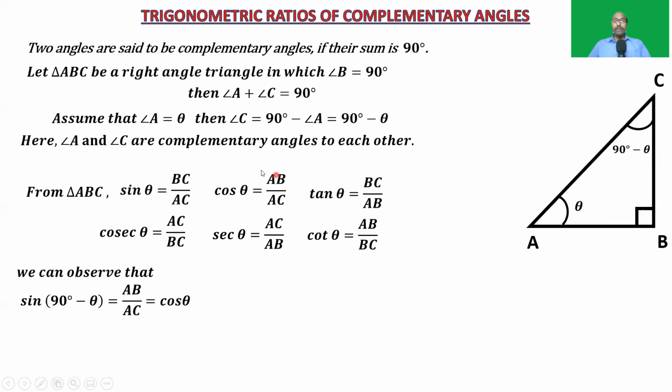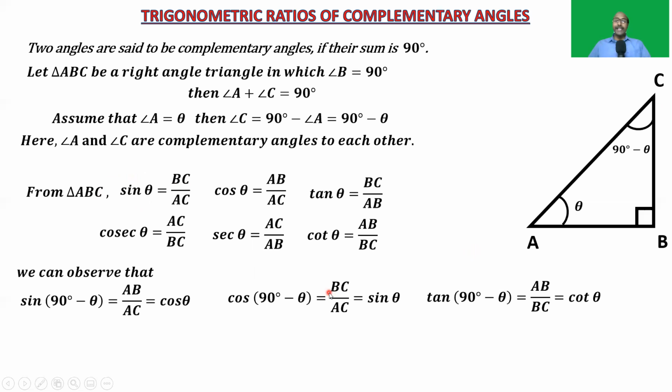But here AB by AC is equal to cos theta. And take cos of 90 degrees minus theta, which is equal to adjacent by hypotenuse, BC by AC. But here BC by AC is equal to sin theta.